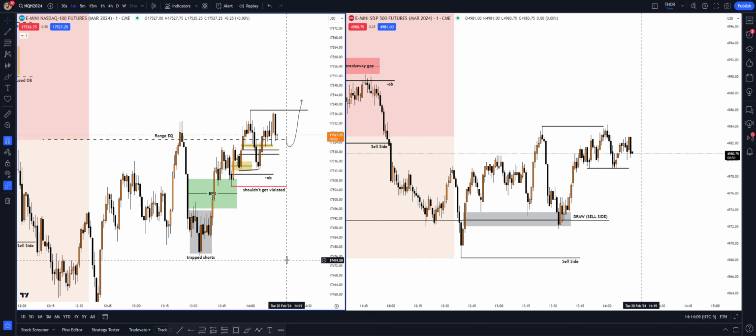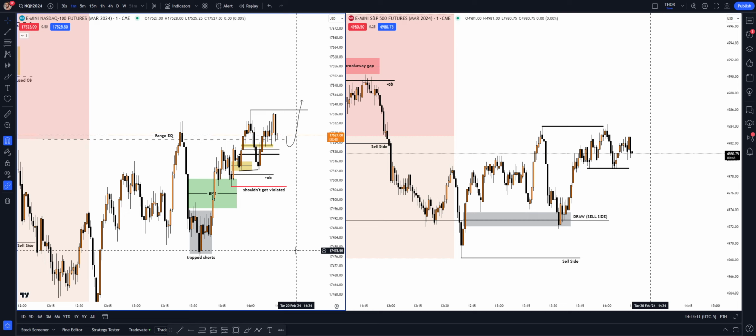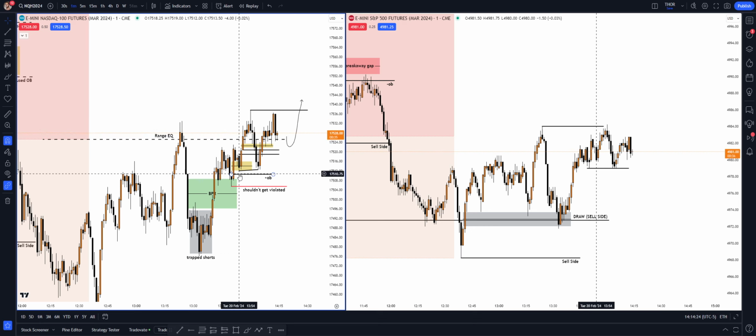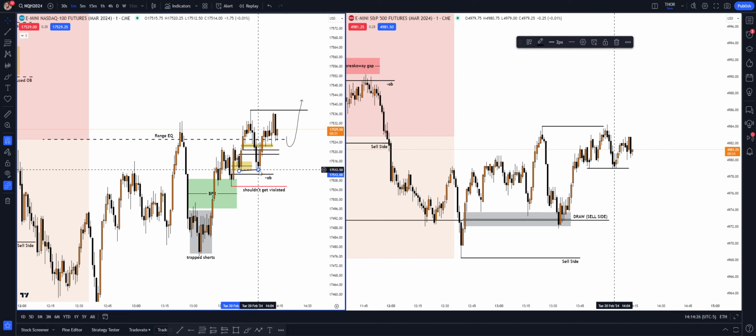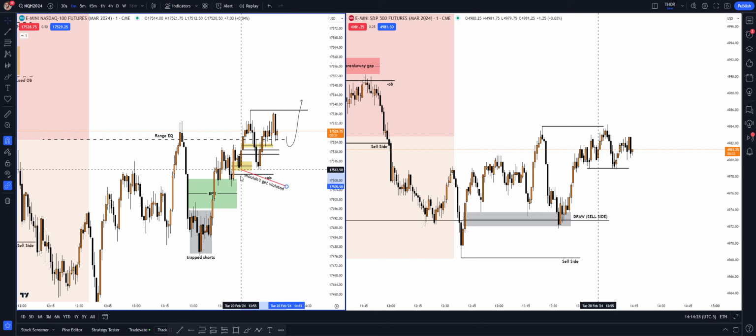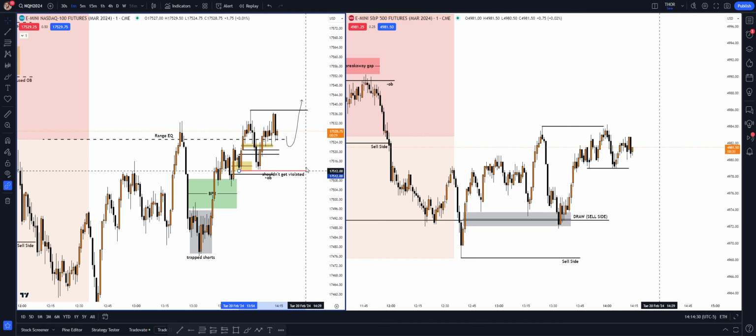It's chopping. Oh, let me annotate this actually. Now that we have the SMT right there, now I don't want to see this low getting violated.